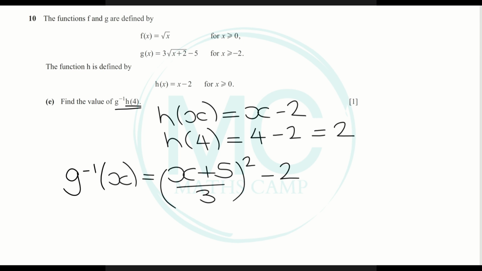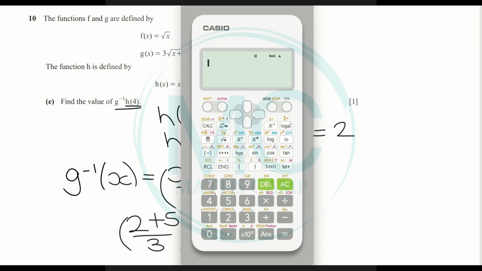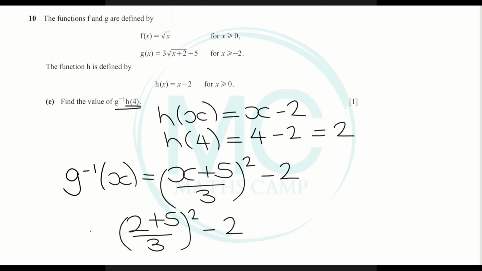Let's substitute 2 into our x value, and we get 2 plus 5 over 3, squared, minus 2. And you can put this whole thing straight into your calculator. Let's open a bracket. We can say 2 plus 5 over 3, close the bracket, squared, minus 2 is equal to 31 over 9. This is our answer.